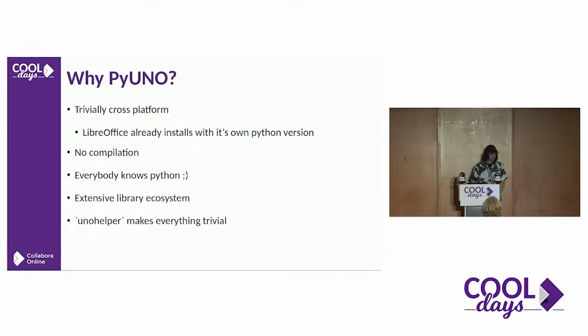So first of all, why PyUNO to build an extension? I think it's kind of known if you ever worked with any extensions. Using UNO from Python is quite trivial. It was also mentioned in the cool.js or Zeta.js talks that it has this Pythonic way of interacting with UNO.